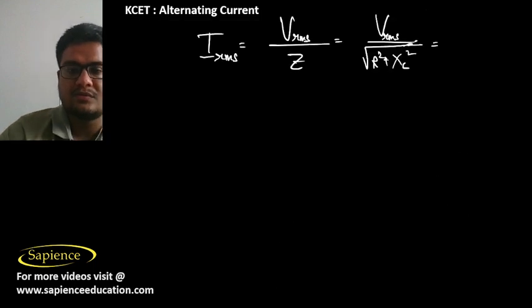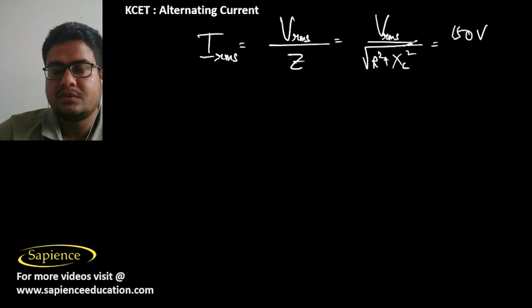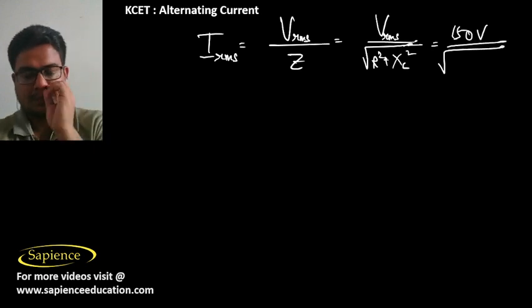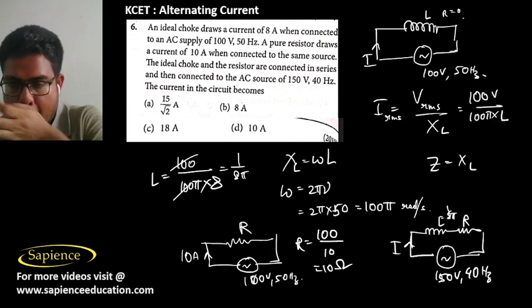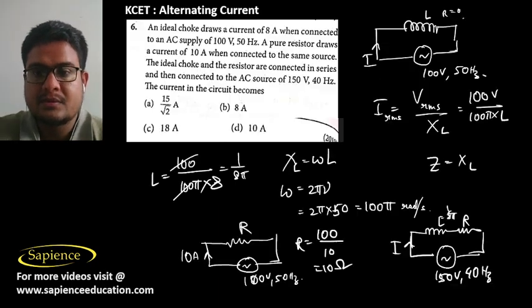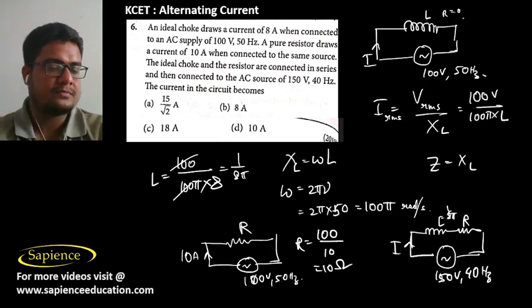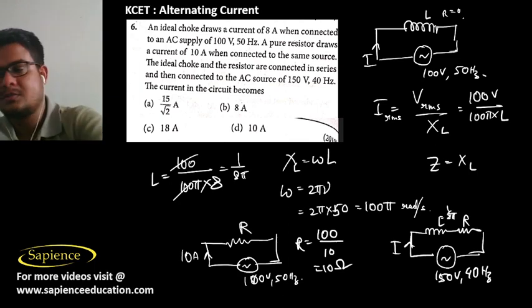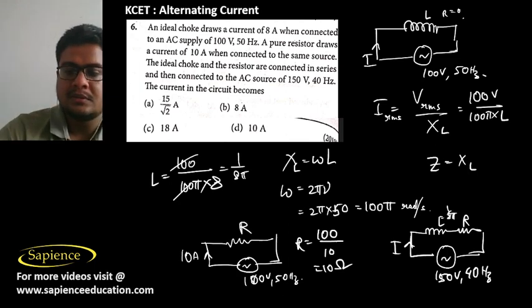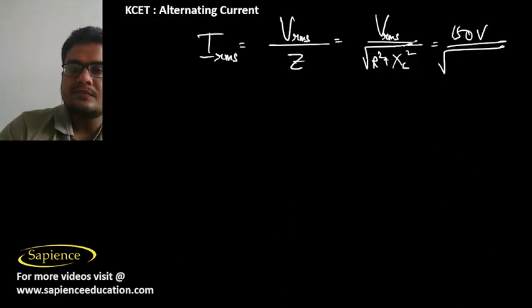So this is 150 volt by the square root of 10 square plus XL square.